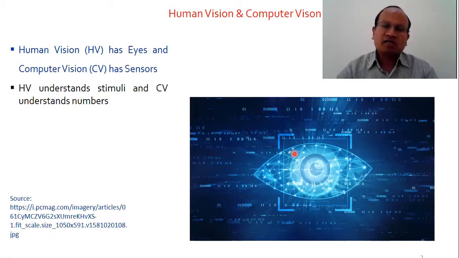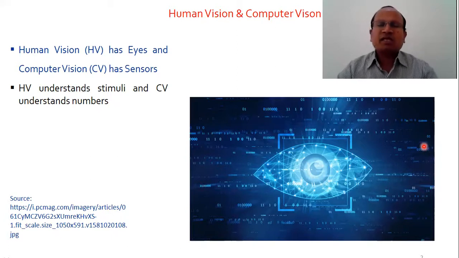The diagram we can see in this slide is an interesting picture that depicts the human eye, which shows that the human eye captures the information, but the data and information are interpreted by the computer as numbers.